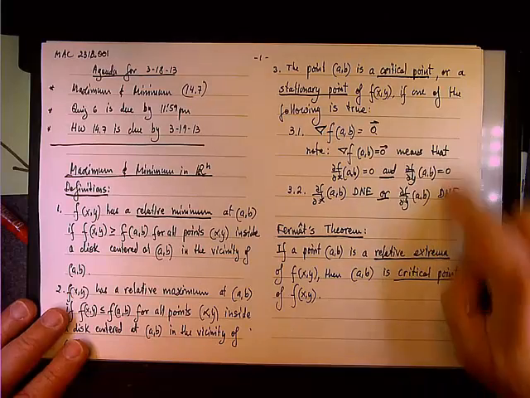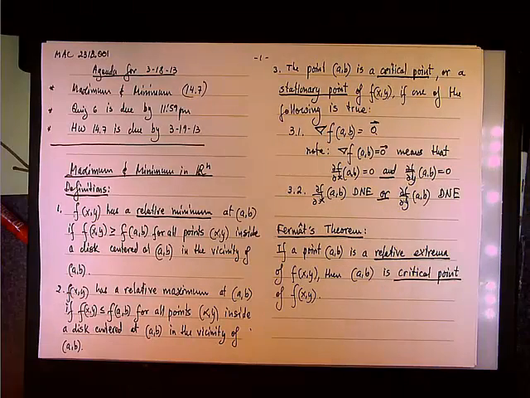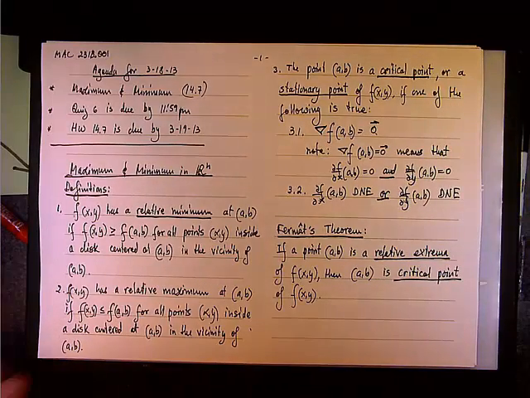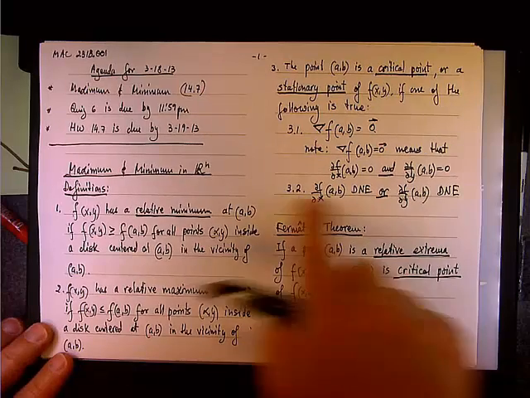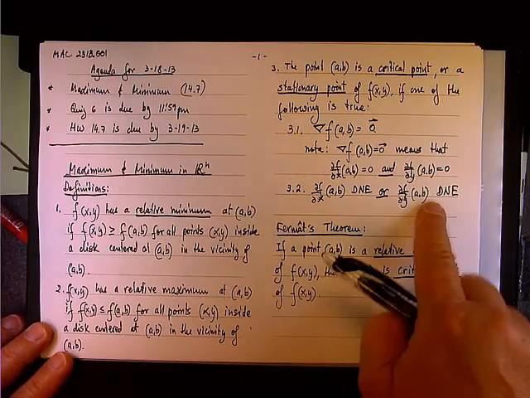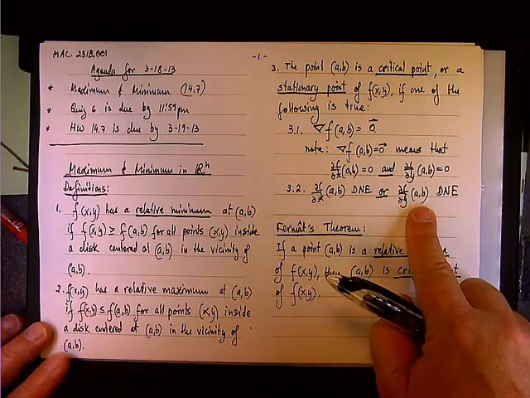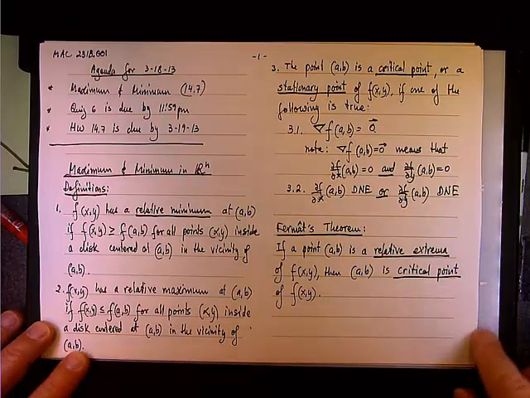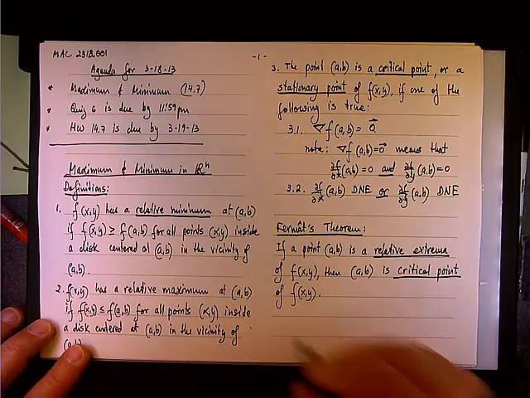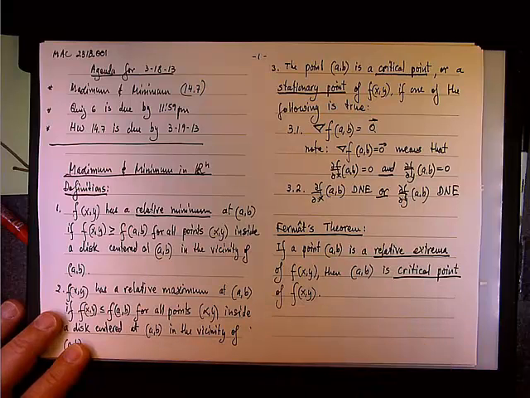In practice, and I should insert that here, for the sake of this course, a critical point will be the case where the gradient equals 0. So we won't have to deal with the condition of 3.2 for the time being, or for the duration of the course.